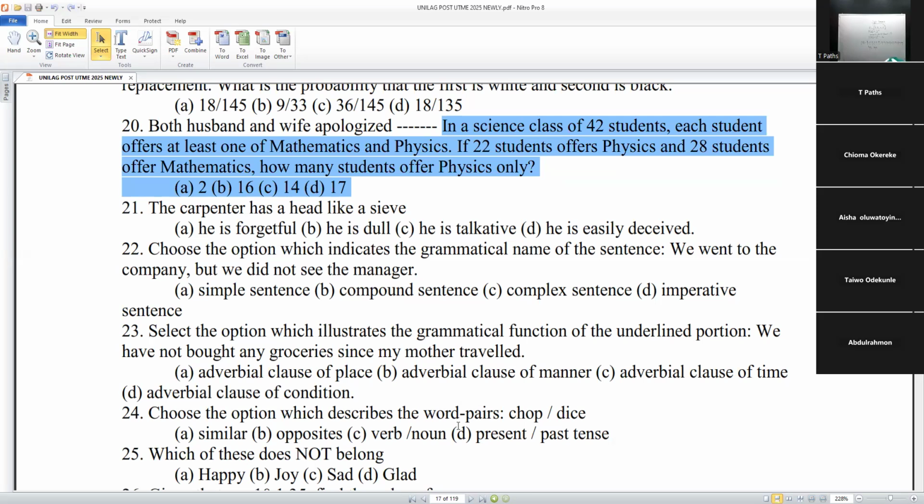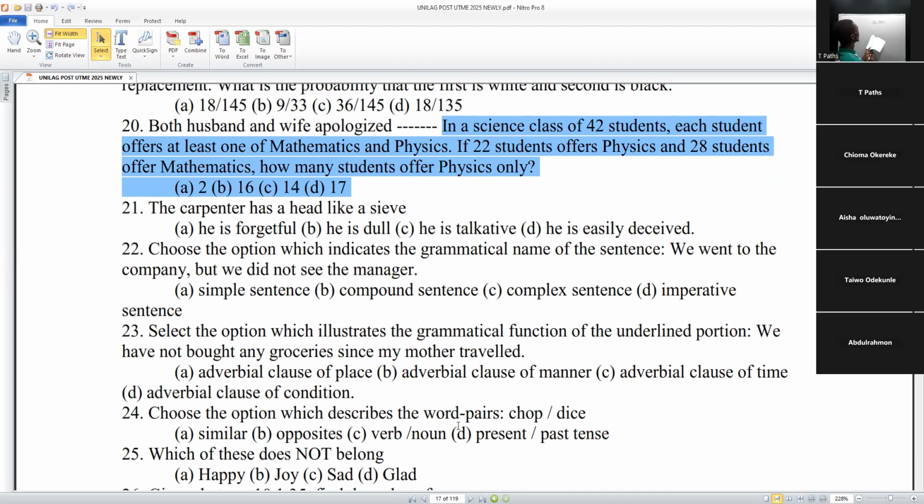Open up to page 17 of your past question, question 20. Page 17, question 20. Are we together, class?